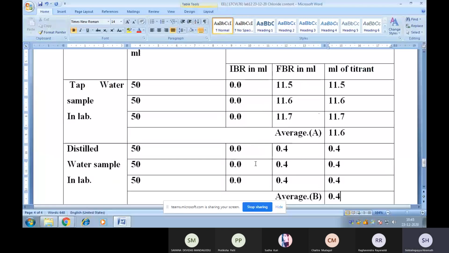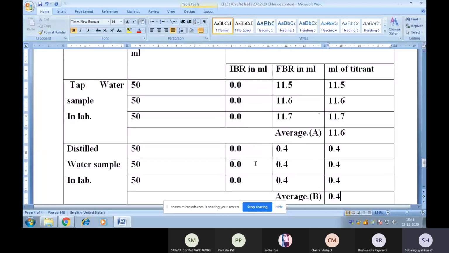So the calculation gives 111.17 mg per liter.